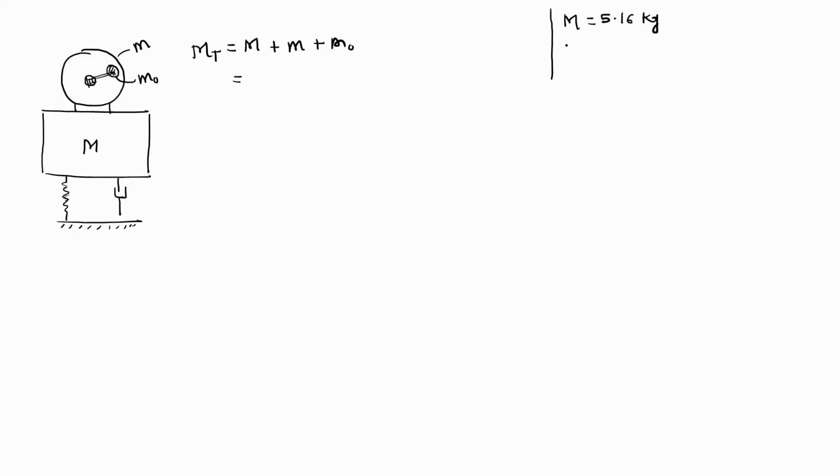Then the mass of the motor is equal to 0.81 kg, and the small mass m0, which is the eccentric mass, is equal to 0.072 kg. So this is the given data.